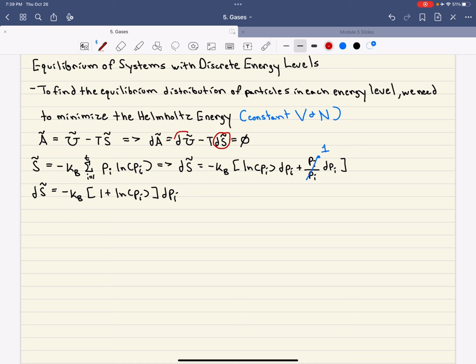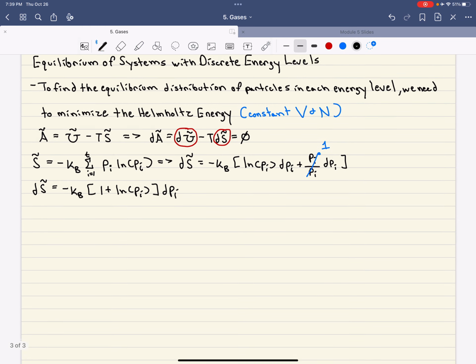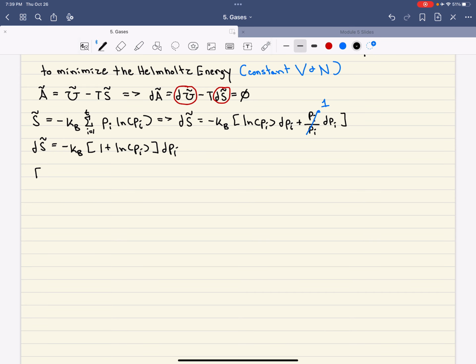What we need now is to figure out how to get du. Now, to calculate the internal energy, we're going to make an assumption. In the previous video, when we described the different energy levels, we referred to them as epsilon sub i. So epsilon 1 would be the energy level of the ground state, epsilon 2 was the first excited state, and epsilon t was the highest excited state.